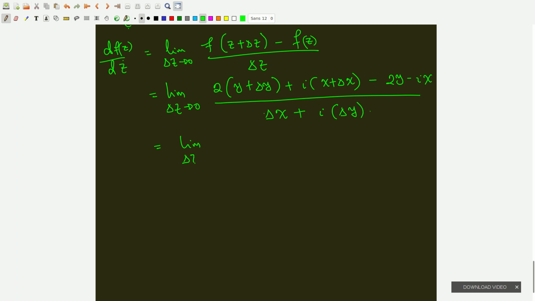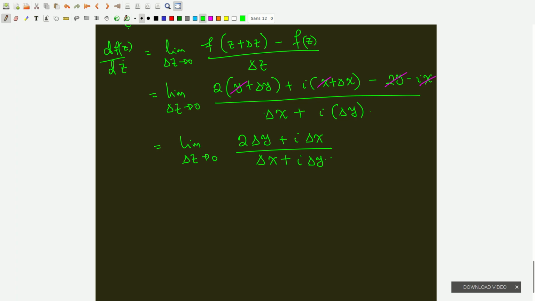We have limit as delta z approaches 0. Some terms are going to cancel, like this 2y will cancel with that, and ix will cancel with this. So we have 2 delta y plus i delta x, divided by delta x plus i delta y.